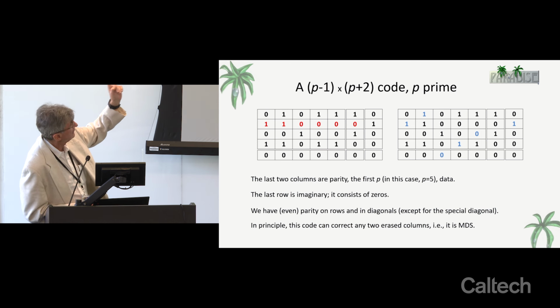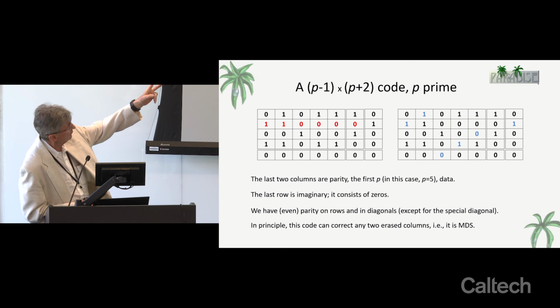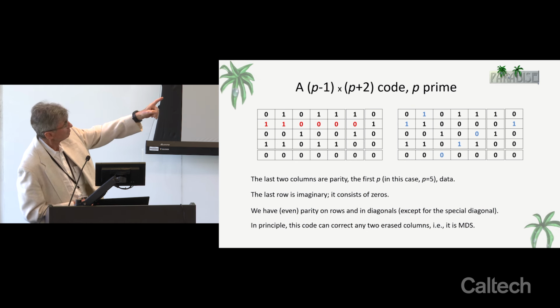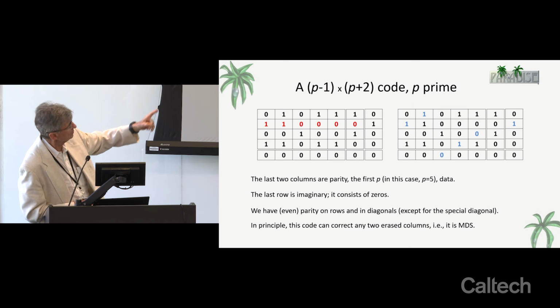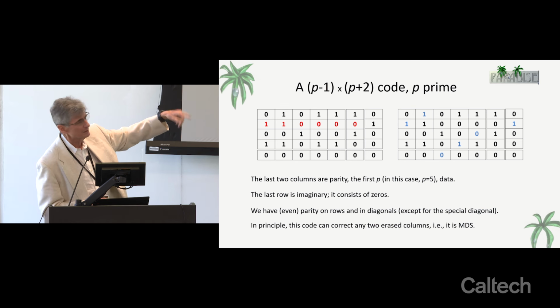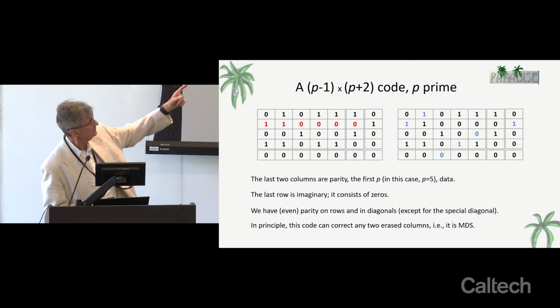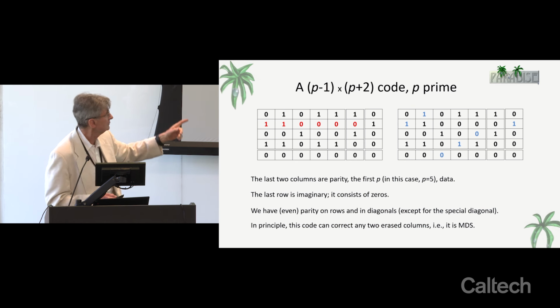Let's put parity on rows. We have 2 column parities. The first column parity, the one in red, carries horizontal parity. And the second column, the one in blue, these are wraparound diagonals, carries also even parity.